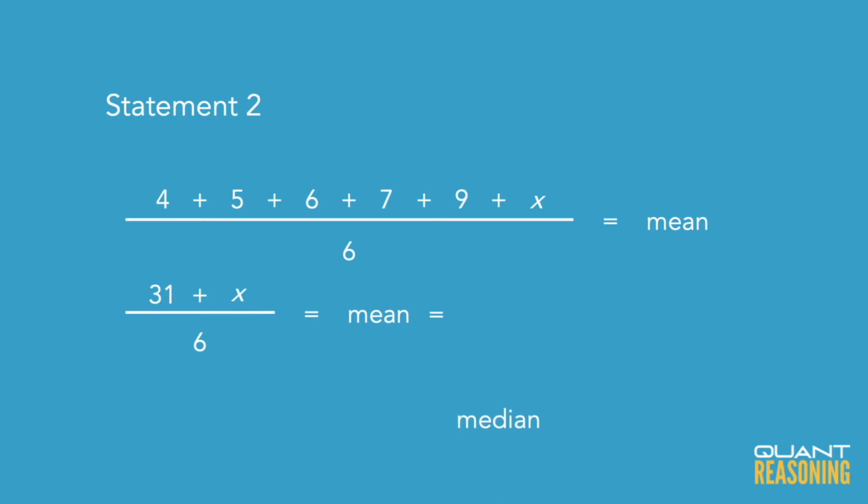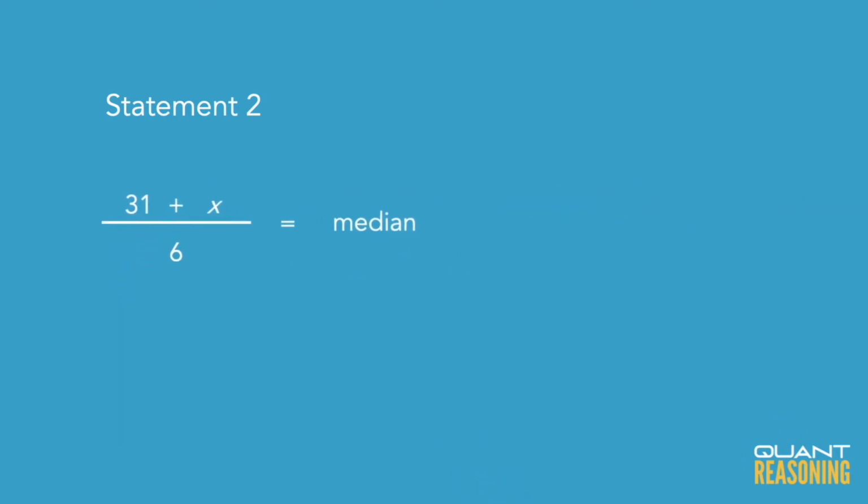That's the mean. We're told the mean equals the median, but does this determine which side of the set x is on? Or could x still be a small number and a large number? Well, let's imagine that x is a small number and the median is then 5.5.